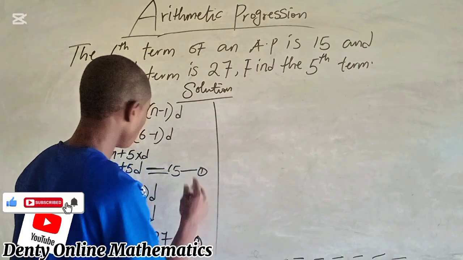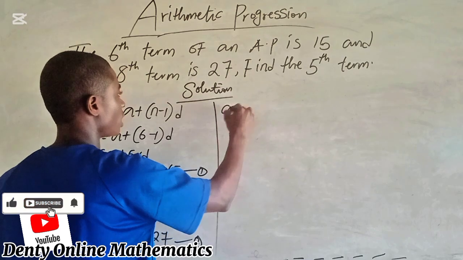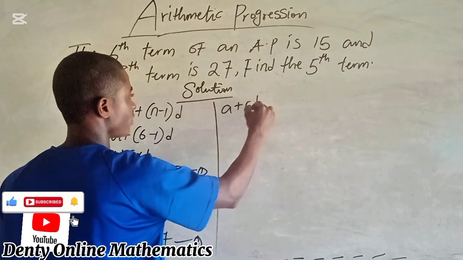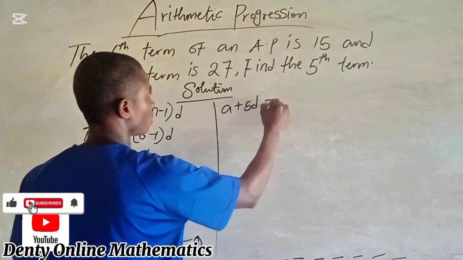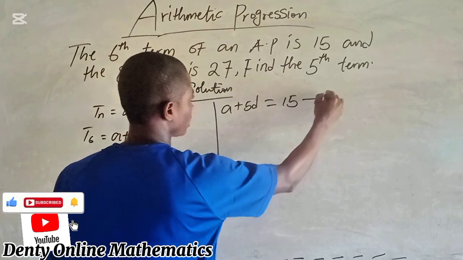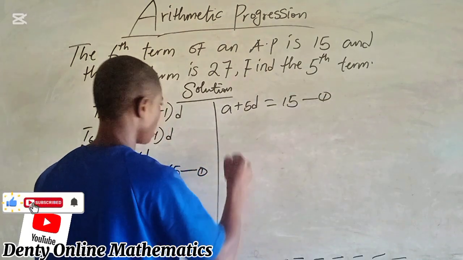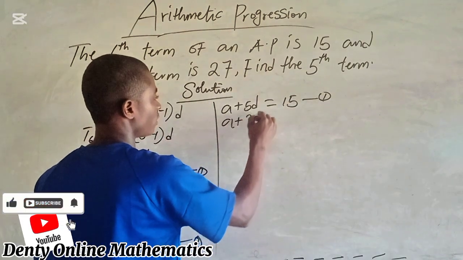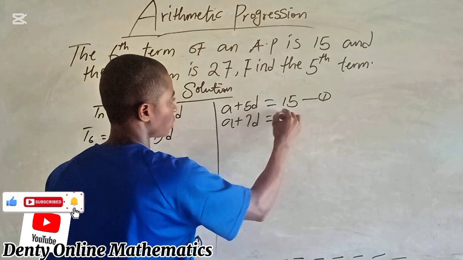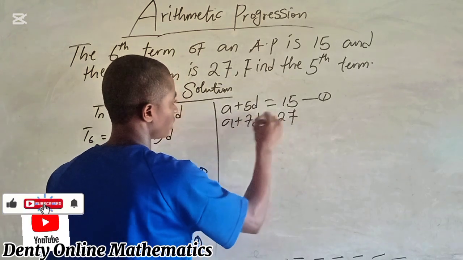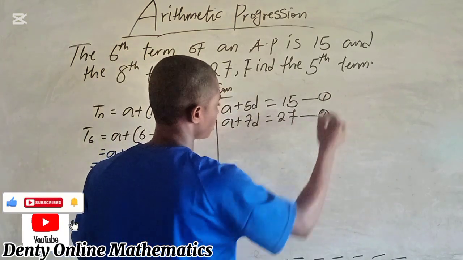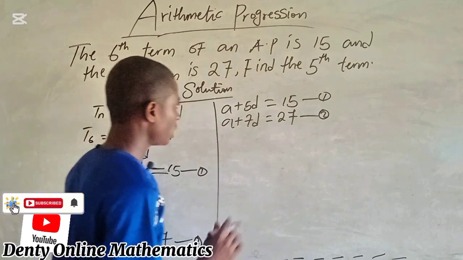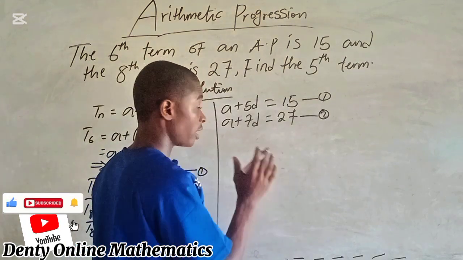So bringing the two equations out, a plus 5d is equal to 15, this will be our first equation, and then a plus 7d is equal to 27, this will be our second equation. Now to do this, it's very simple.